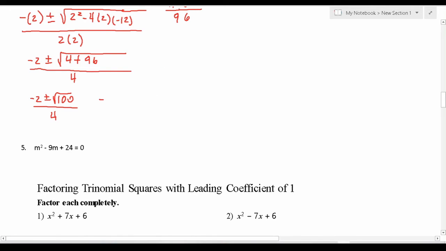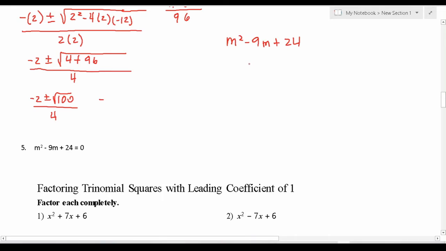All right, so I'm going to rewrite this one up here so we can have some room to work with. Again, 5 says m squared minus 9m plus 24.